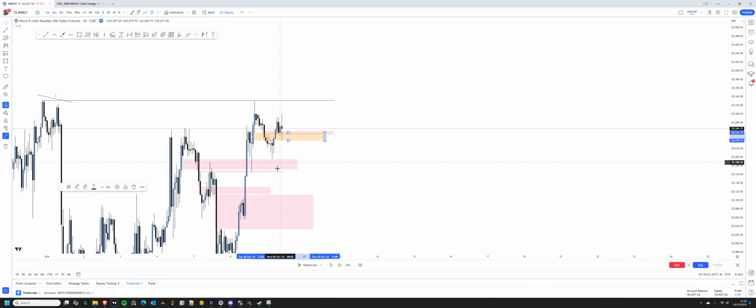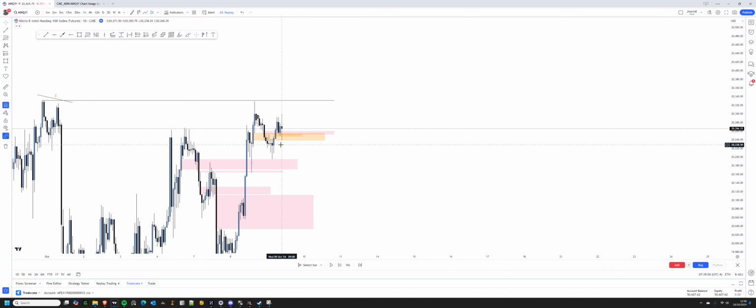So although it's failed, and we've gone back above it, ICT does say you can recycle FVGs, and that's what I do quite often. So we've got this recycled FVG lining up with an inverted FVG, and we've also got this fresh FVG here.